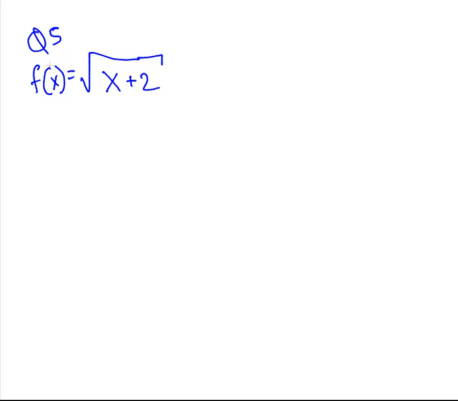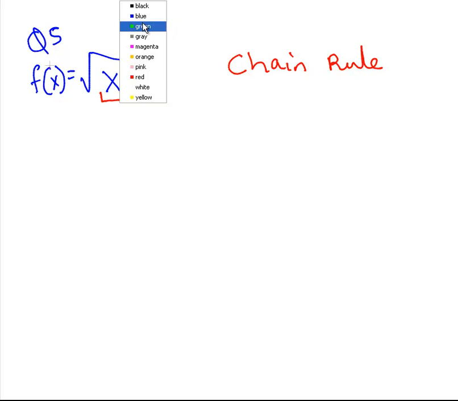this follows on from something called the chain rule, but we actually don't need to get into the chain rule yet. Actually, do you know what? I will use the chain rule just to make it as explicit as possible. So what I'm going to do first off is get the derivative of the inside part, which is x plus 2, and then get the derivative of the outside part.